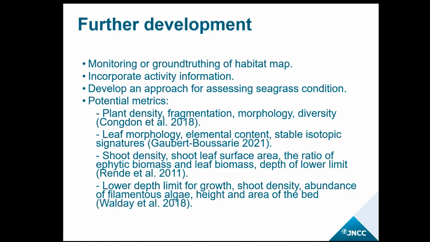There are different aspects, such as leaf morphology, or shoot density, looking at things such as lower depth limit for growth, or even stable isotopic signatures. So various different metrics could be used, but all the ones listed here would require direct monitoring.